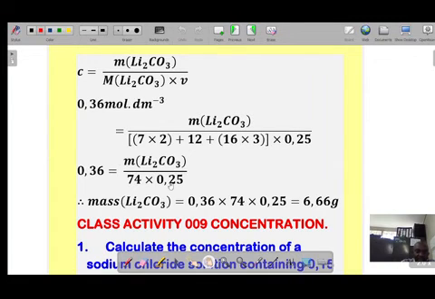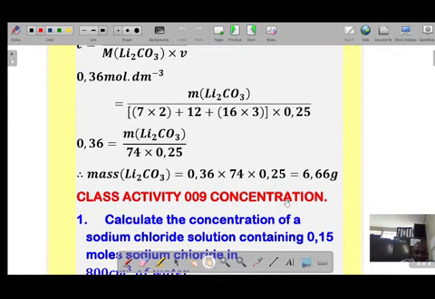I got the molar mass already, times the volume, which is 0.25. So if I cross multiply again, the mass of lithium carbonate equals 0.36 times 74 times 0.25, which gives me 6.66 grams. Okay.